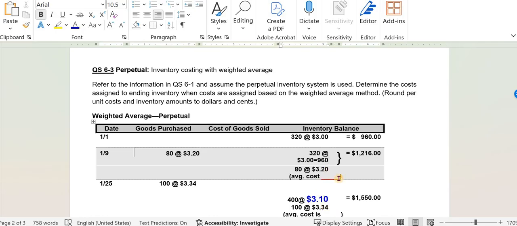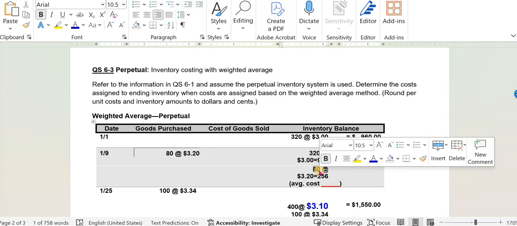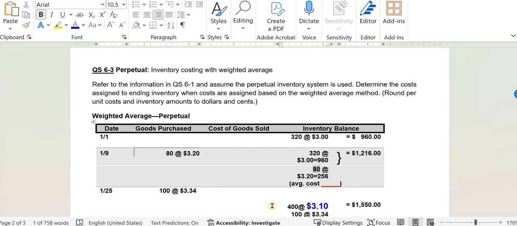That's 256. I'm going to add them up. 256 plus 960 is $1,216. And I'm going to divide it by 400 units. Just double checking: 256 plus 960 equals 1,216, divided by 400 is $3.04. Average cost of $3.04.